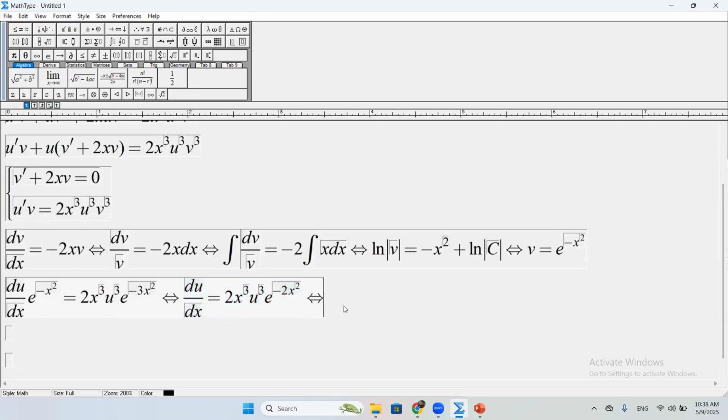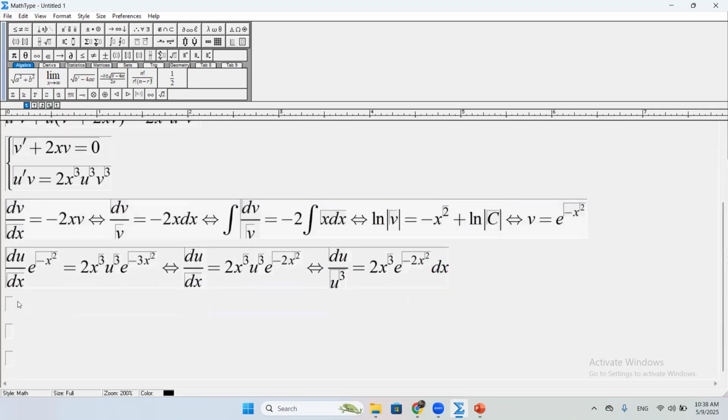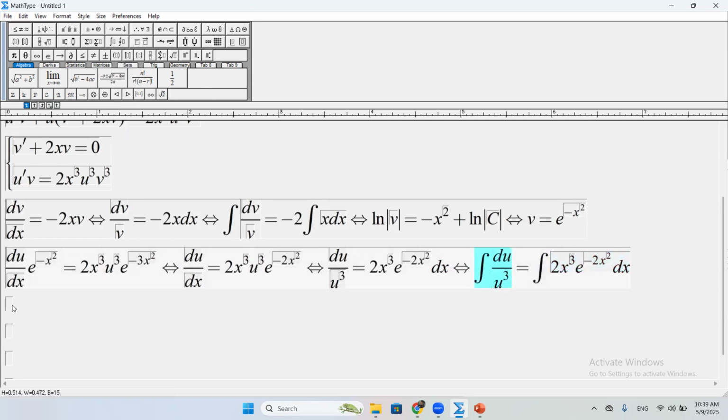So du by u squared equals this expression by dx. And now we will integrate both parts. This integral will be equal to minus 1 over 2u squared.